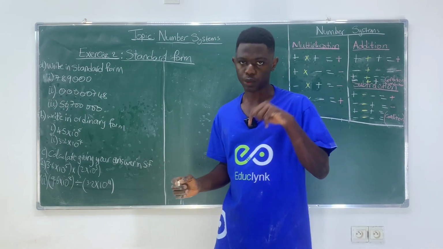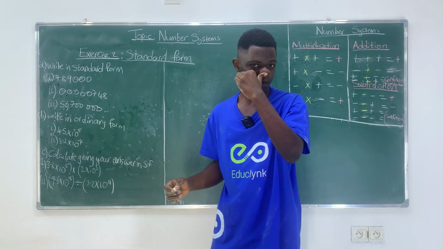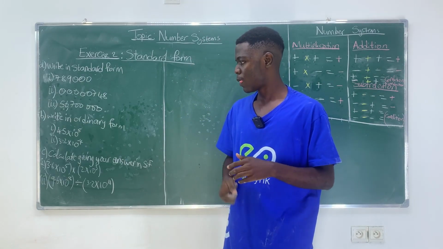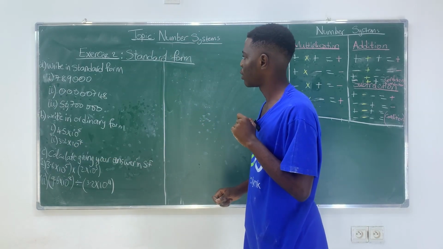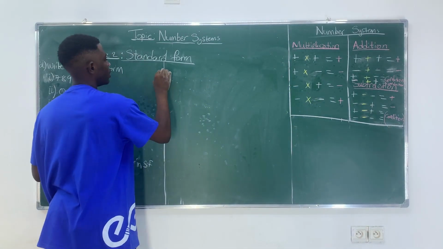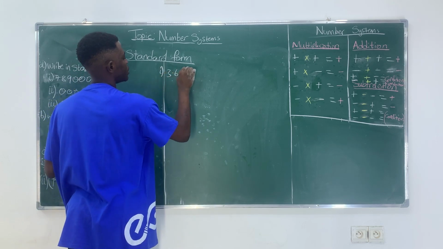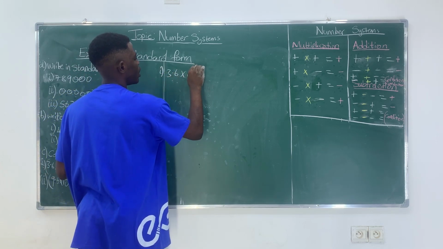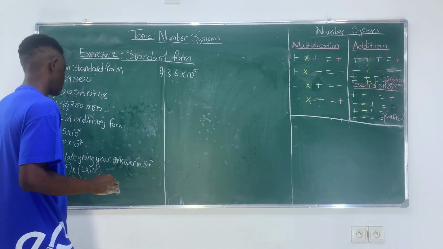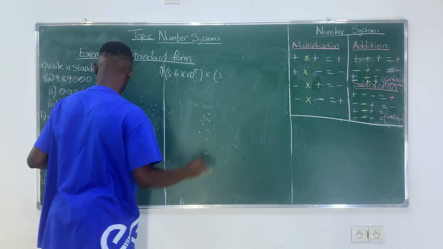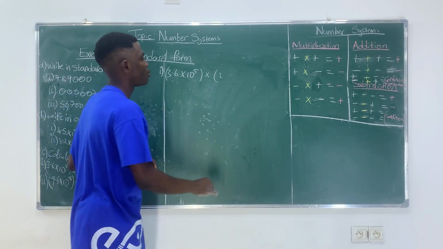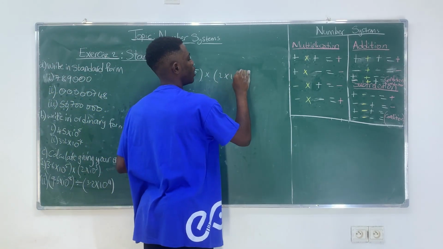It means when you calculate it, if the answer is not in standard form, you put it in standard form before scoring your answer. So the first one, Roman 1, says 3.6 times 10 to the power 5, times, in bracket, 2 times 10 to the power 3.